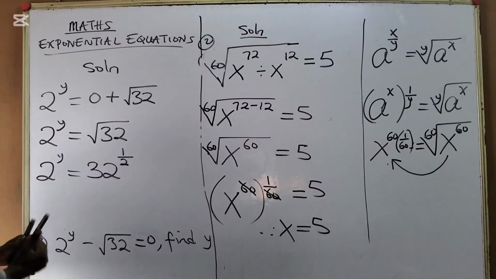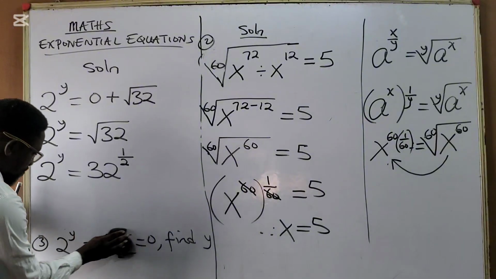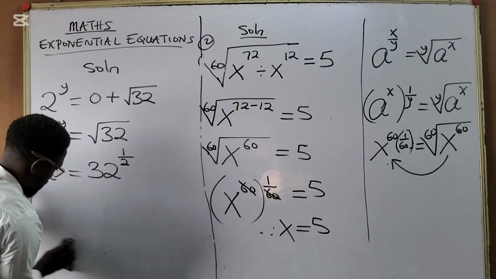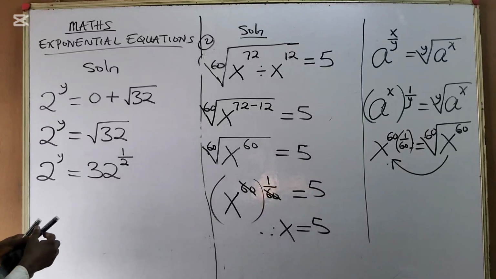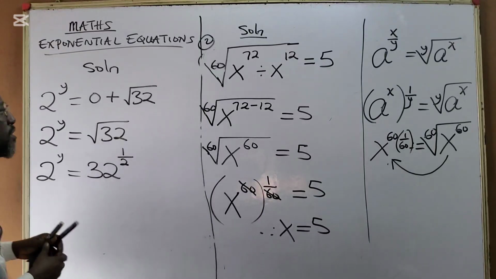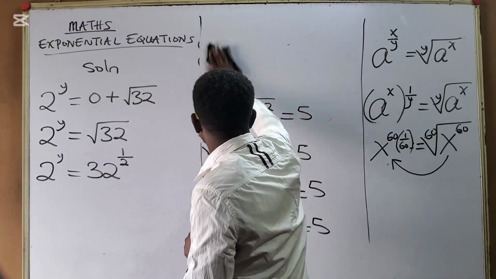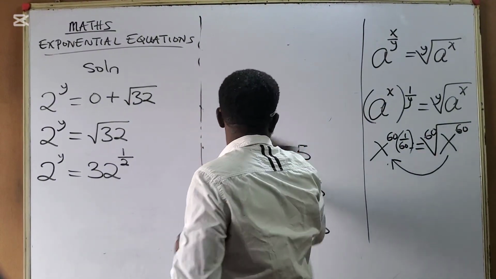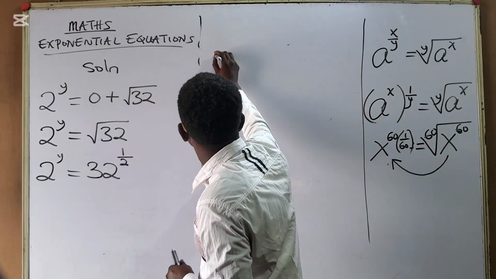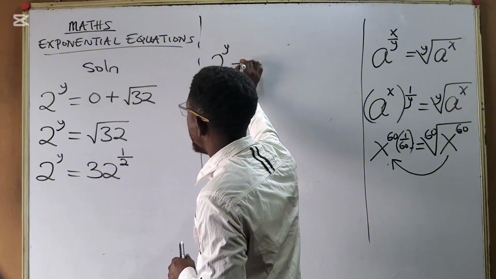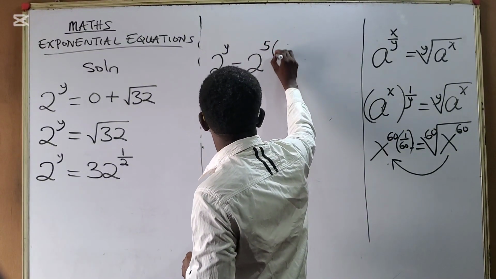What is 32? 32 means 2 raised to the power 5. So you have 2 raised to the power y equals 2 raised to the power 5, then of course times half.